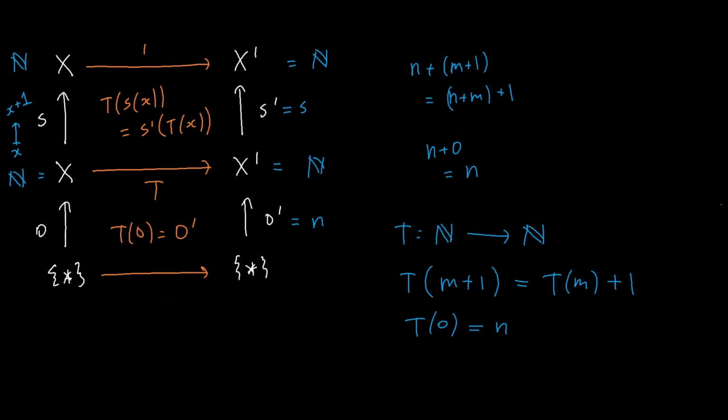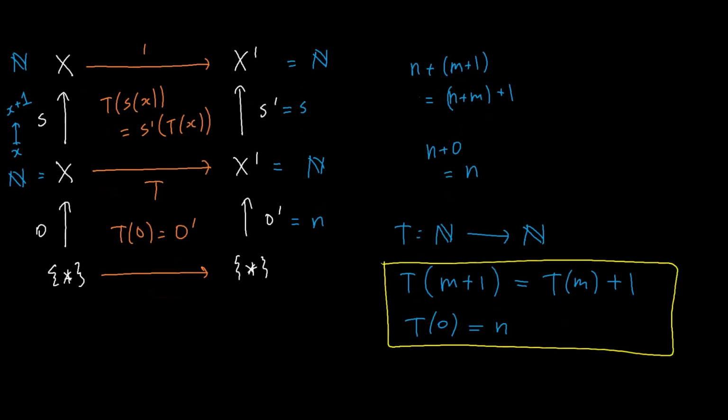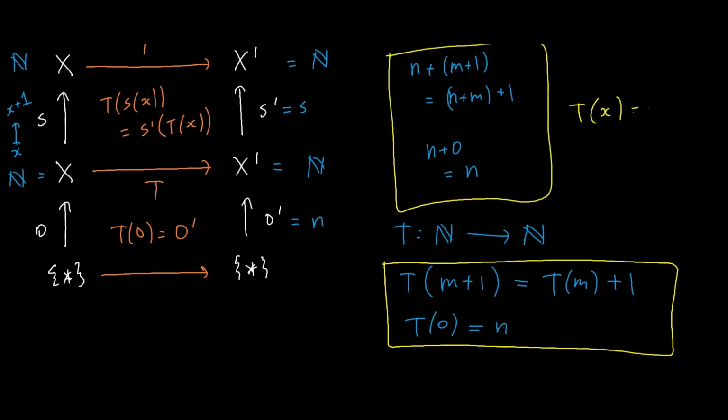Okay. Now, do you see that these two equalities are basically the same as those two, where my T function I can think of as adding something to x, adding n specifically to x. So here I have T of m plus 1, and here I have T of m plus 1.